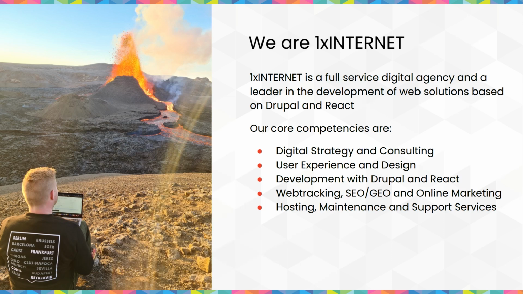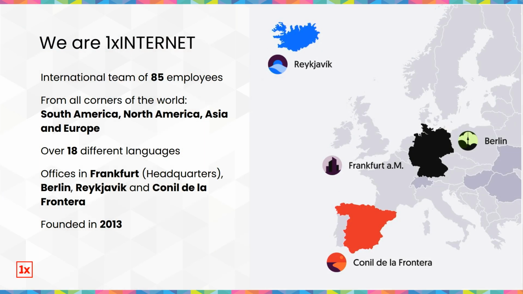1x Internet is a full-service digital agency, so we cover the full spectrum from conception to user experience design, development, where we mainly use Drupal and React, and then of course web tracking and optimization, and hosting, maintenance, and support services. So we do it all. We're a team of 85 people, headquartered in Frankfurt, Germany. That's where I'm from.